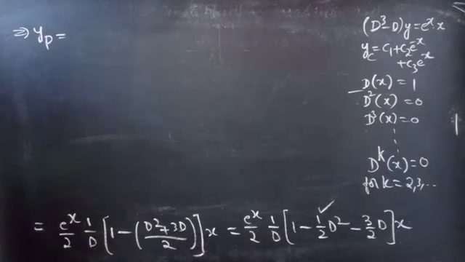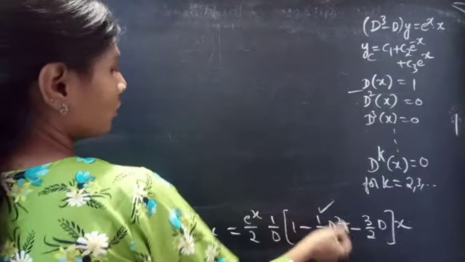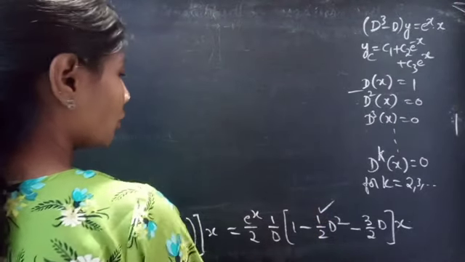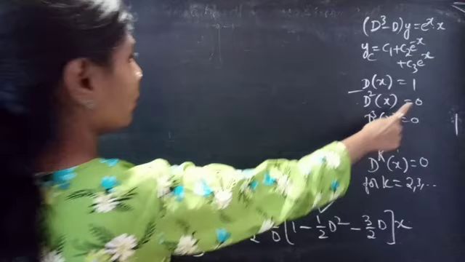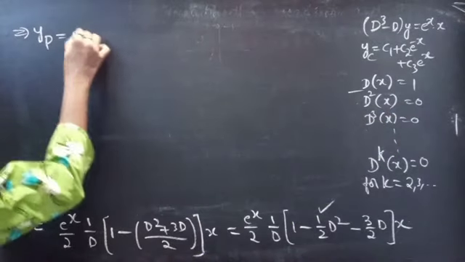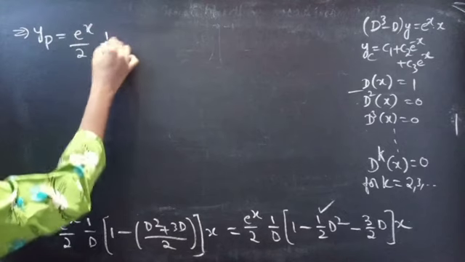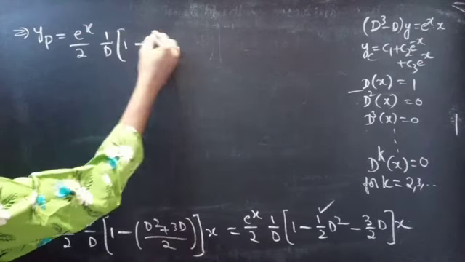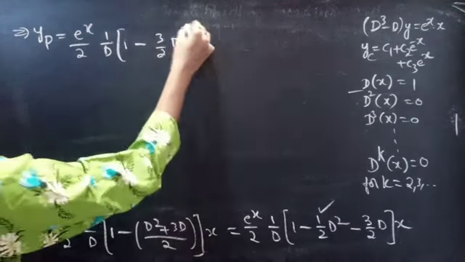Either you can directly neglect it, or later apply the value 0 for d² of x. So I'll get (1 − (3/2)d) x.